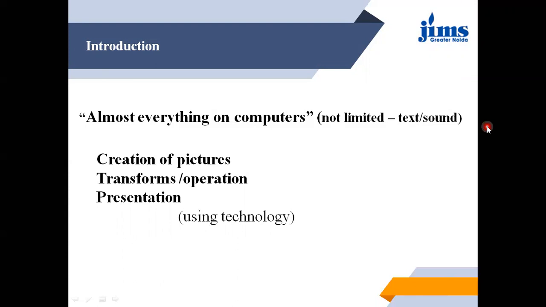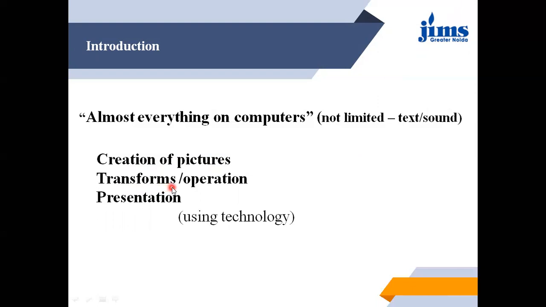If we want to define computer graphics in simple words, then computer graphics is the creation of pictures, that is, images or objects, and performing some operations like transformations.